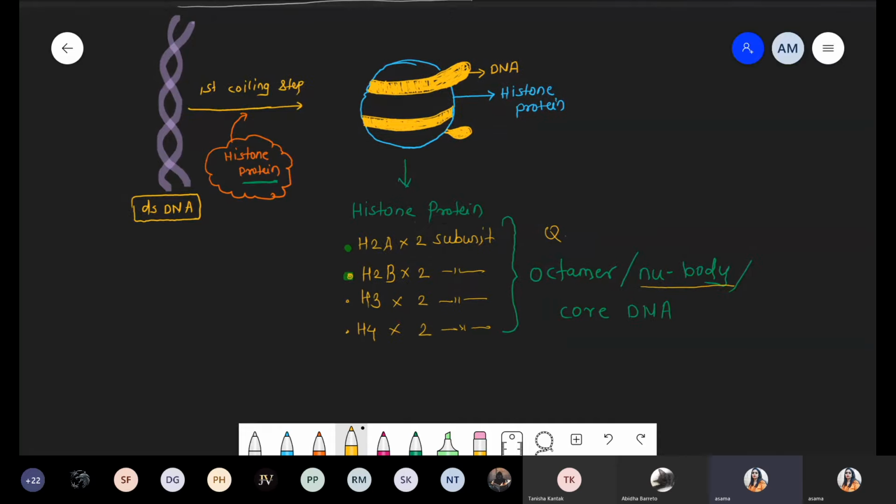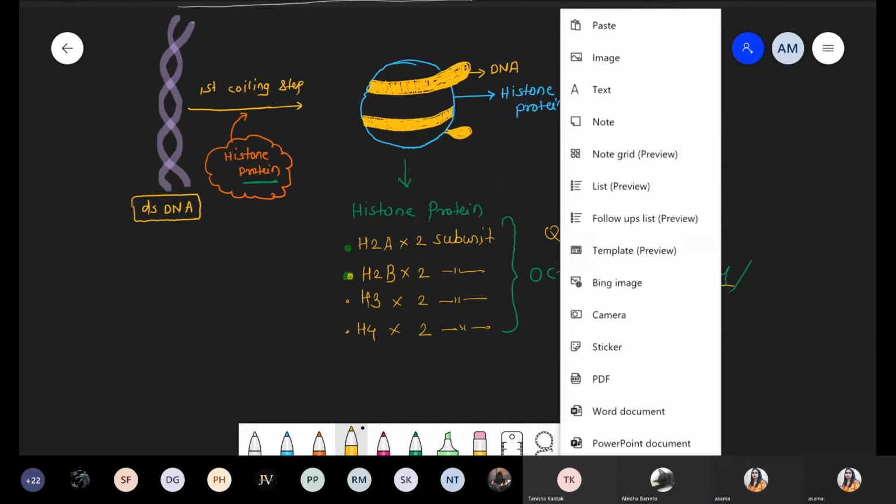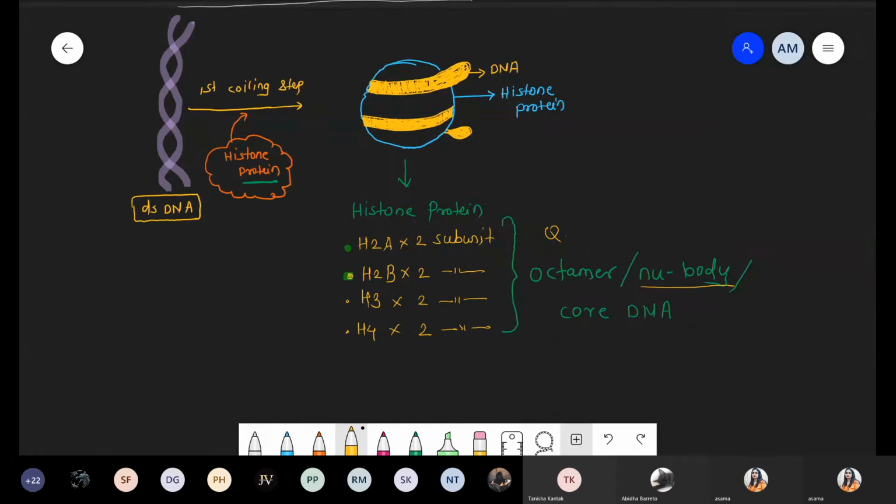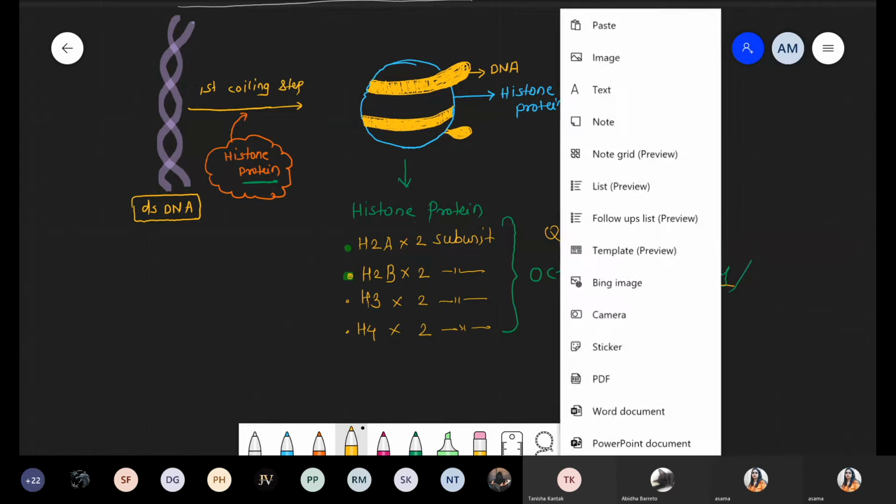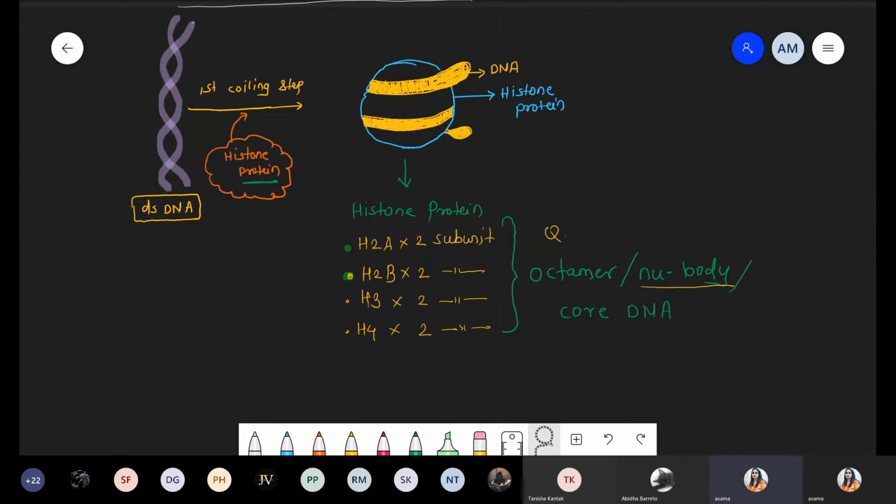Now we are talking about the turn. Below this diagram we can see some more information. If you see this diagram, clearly, just one second. Notes pointer is here.